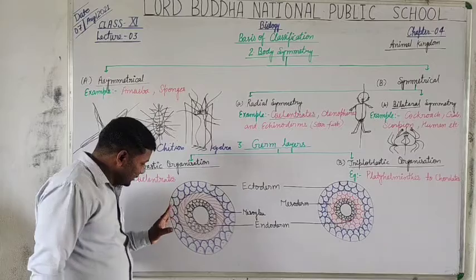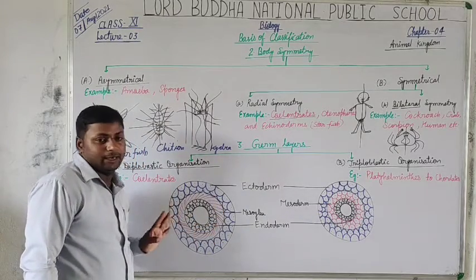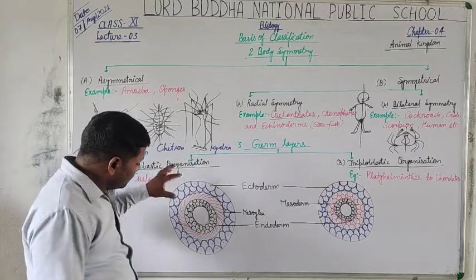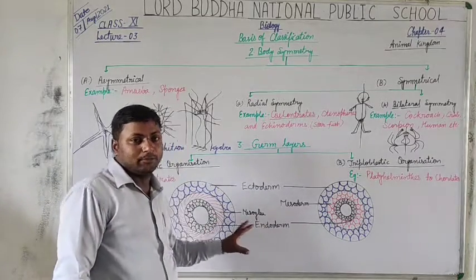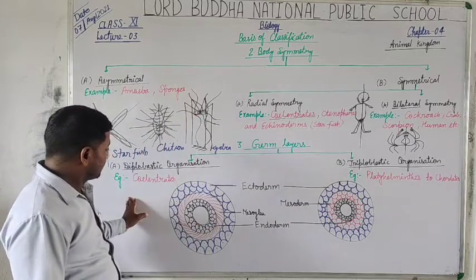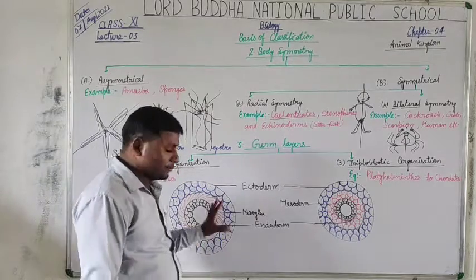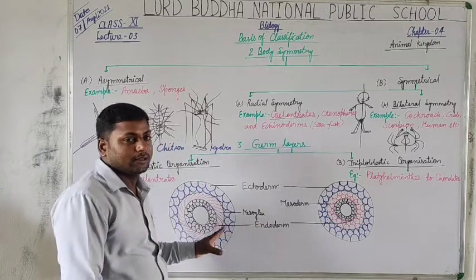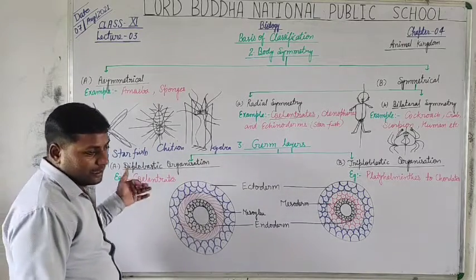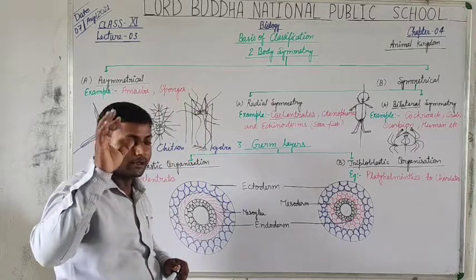So it is assumed that there is an absence of the middle layer, or a partial presence of the middle layer or mesoderm. Hence, the members that possess such an organization in their body are called diploblastic organisms, and such organization is called diploblastic body organization.